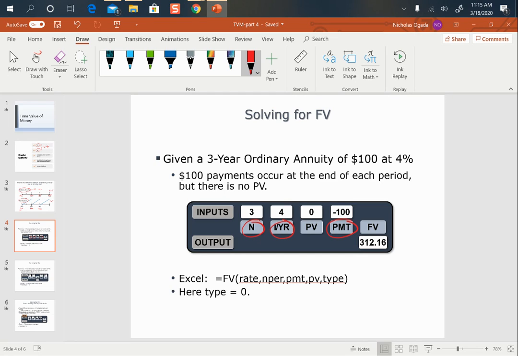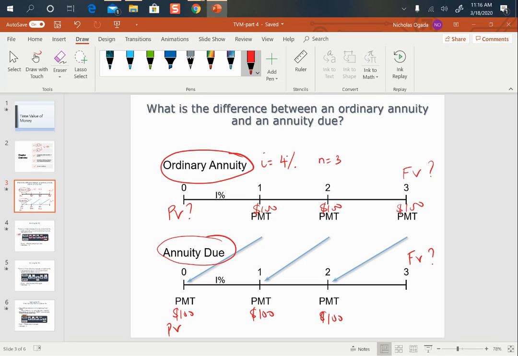Then you request the CPT, the compute, for the future value, and you find this to be 312.16. So in this example, the future value is $312.16 and 16 cents from investing $100 at the end of each year over a 3-year period, where I is 4% and N is 3.